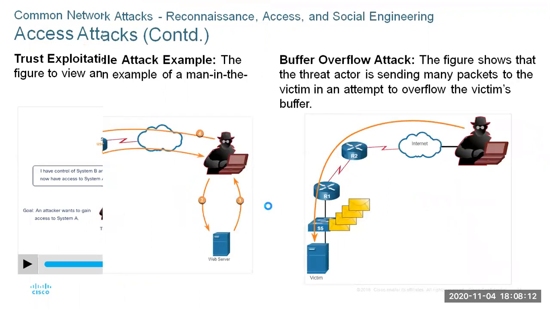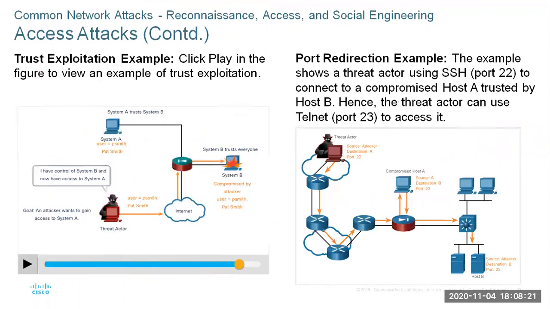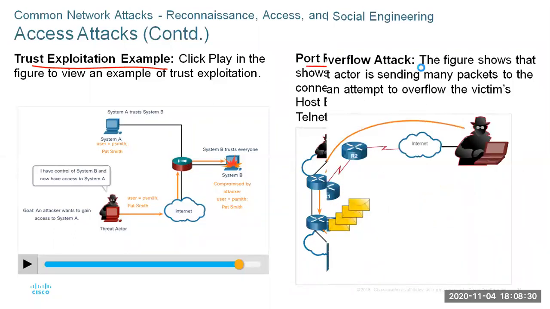Now, trust exploitation is an example of access attack. We have port redirection as another example.